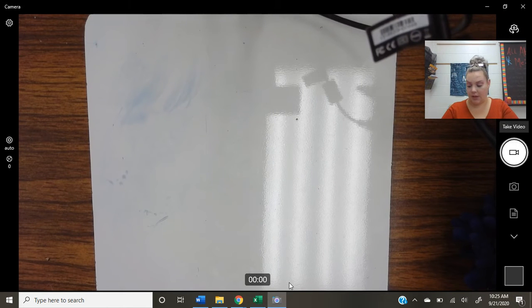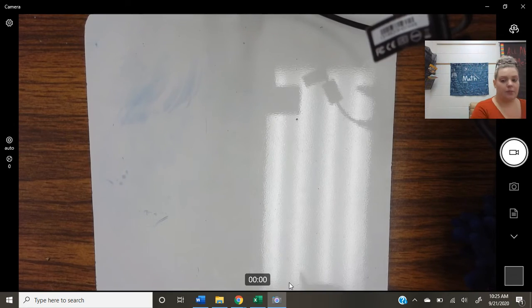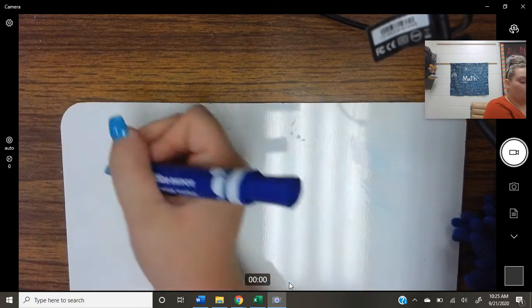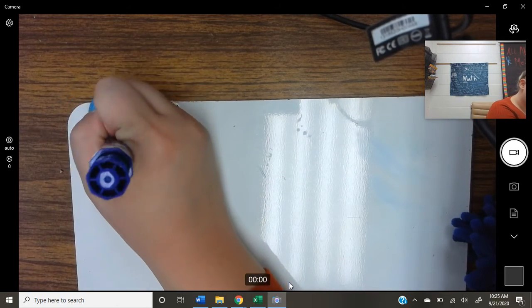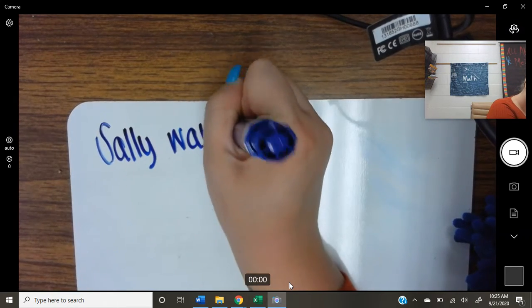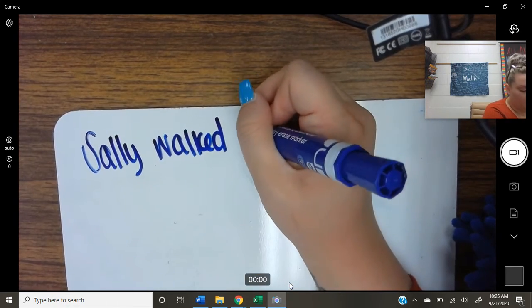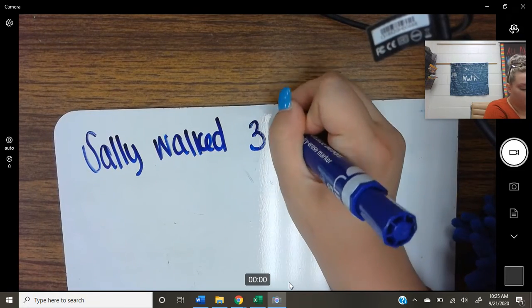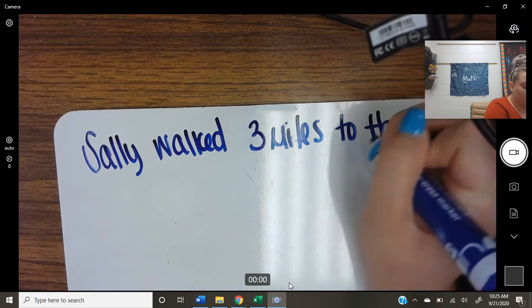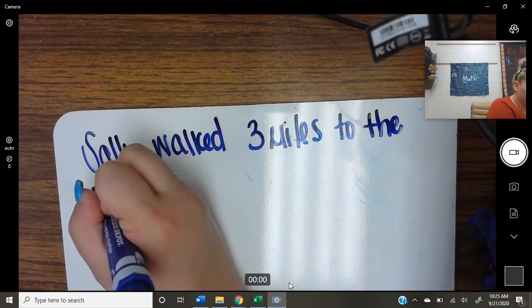Okay, let's move on to here. I'm going to give some example problems of some problems that I'm really noticing we're struggling with, and hopefully this will help clear it up some. We have, I'm going to flip it this way actually. Sally walked 3 miles to the east.